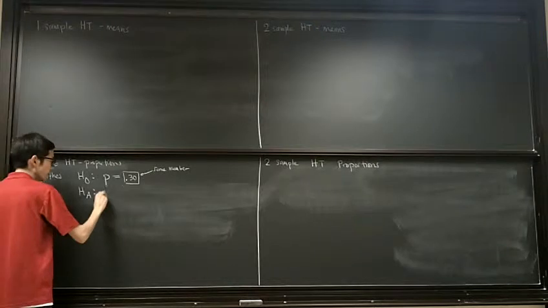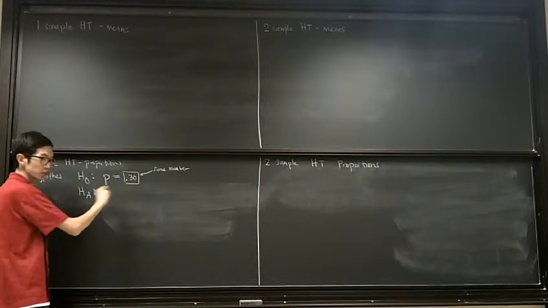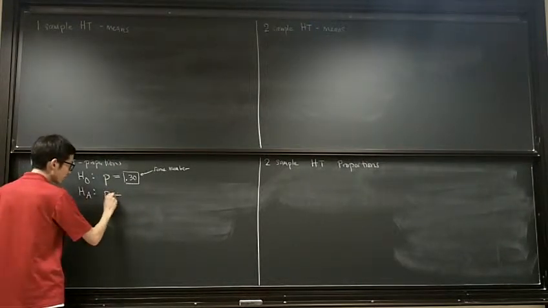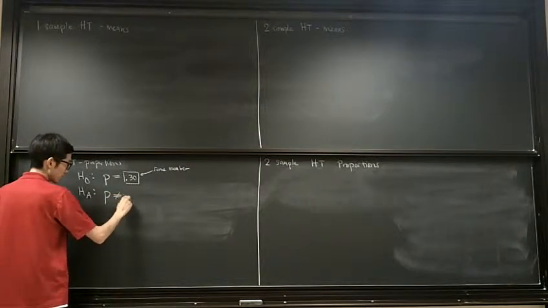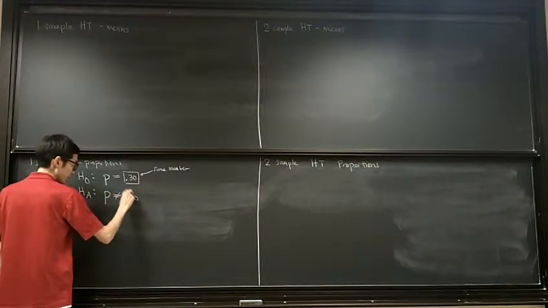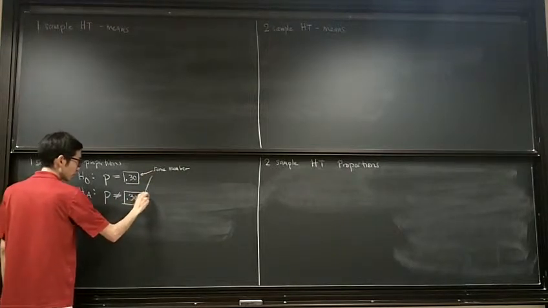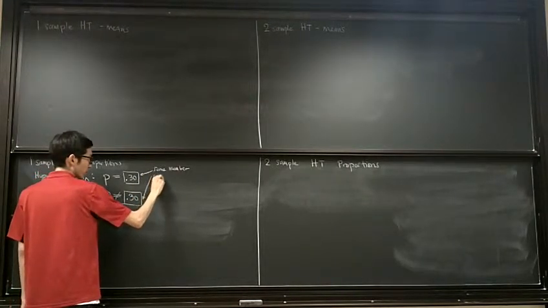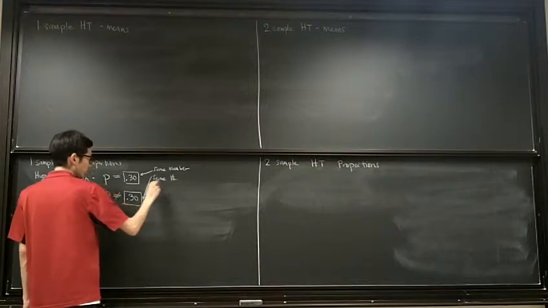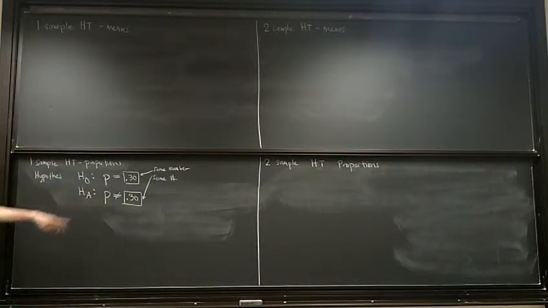And the alternative is that P doesn't equal, or is greater than, or is less than the same number here. Whatever number is in here, the same number appears right there. So those are your hypotheses, okay?